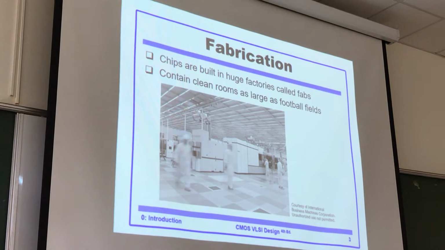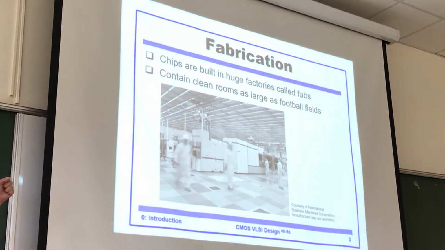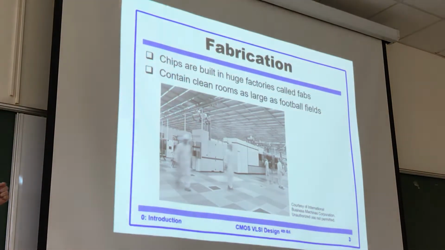Inside the building, the factory contains a clean room. You can see that they have to wear special clothes so that they will not bring dust particles into the clean room. Otherwise, the particles can destroy the chip during the manufacturing process. Even a single particle can destroy a chip.